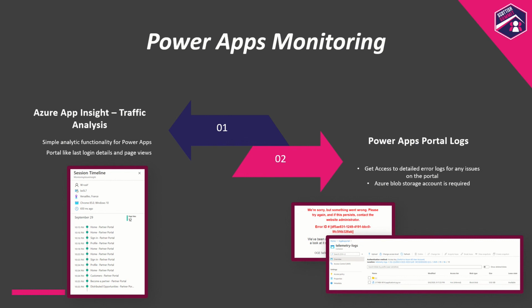For this feature, we need an Azure App Insights resource in Azure in order to enable it. But it's really helpful. On the right side, you can see the portal logs. By default, you don't have different logs for your portal. So when you have a user who is facing issues and who has some errors appearing in the portal, you don't have any way to check the logs if you didn't enable this feature.